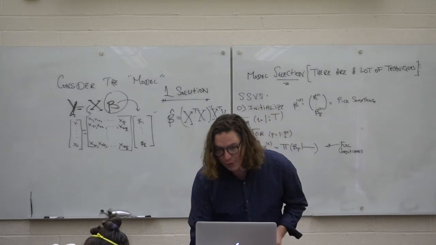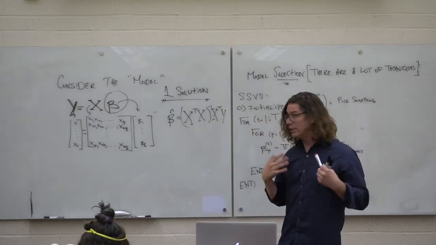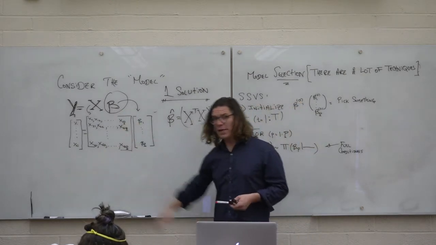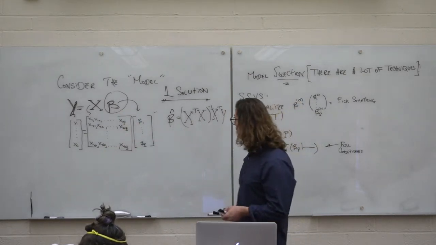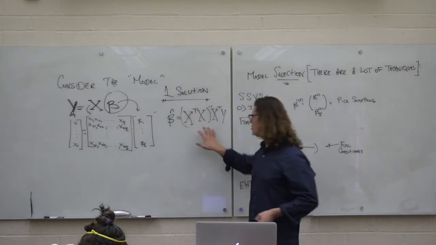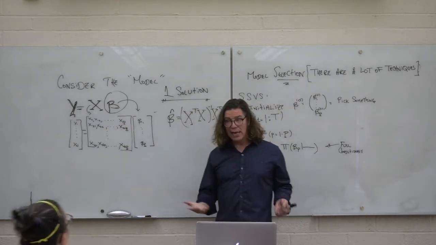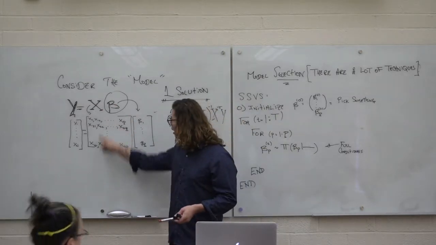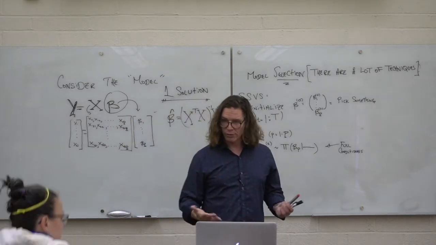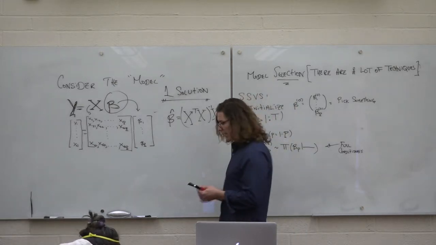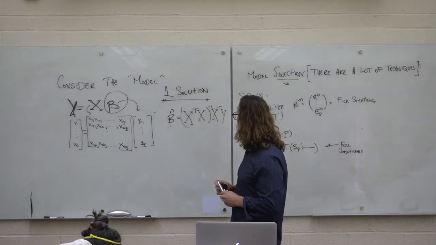If you've got a relatively small number of betas, you understand the system you're trying to estimate, you've got a lot of y's, and the relationship between the x's and the y's is linear, this is a pretty good solution. But if p is greater than n, or if I have collinear columns, multiplications of each other, this will not be invertible. So it doesn't always work.